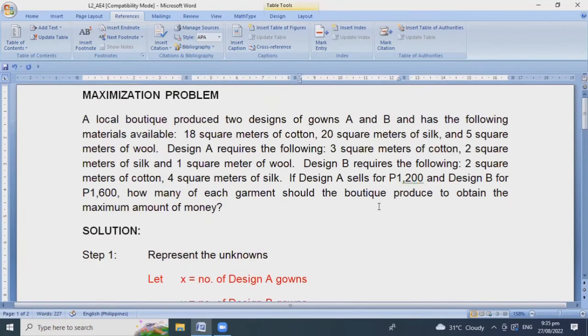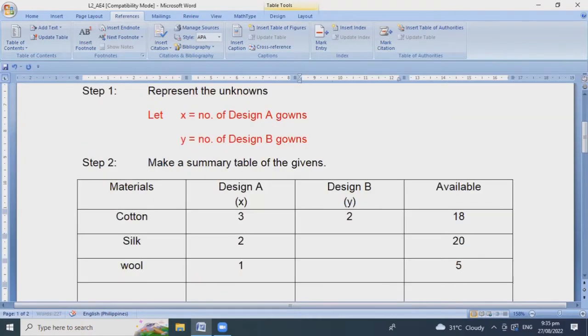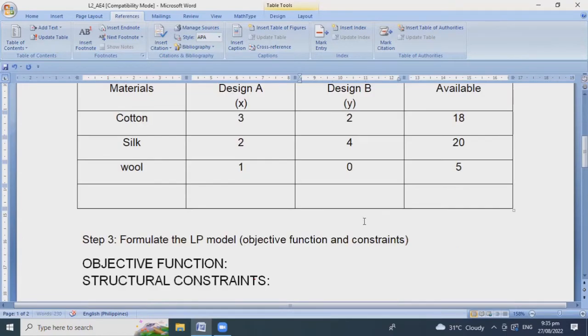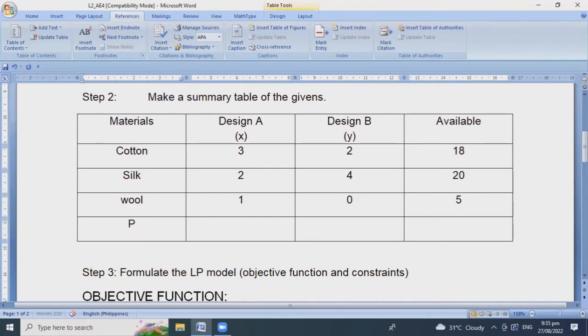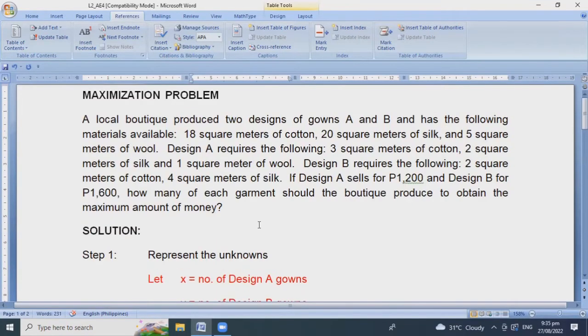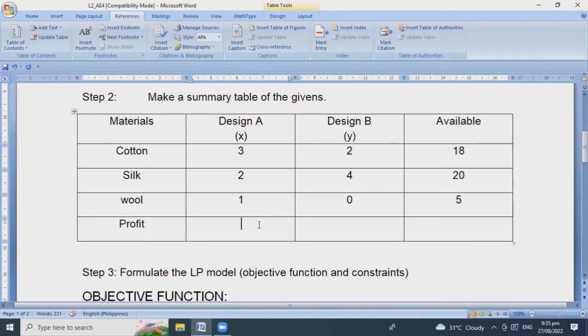For design B gown, to produce this one, we need 2 square meters of cotton, 4 square meters of silk, and no wool. Hindi natin kailangan gamitin. So, the profit, if you will sell design A, is 1,200 pesos each. And for design B, 1,600 each.